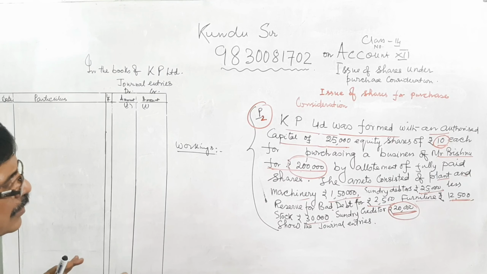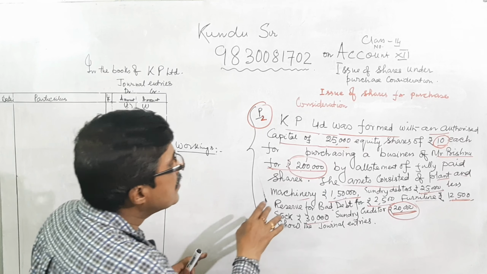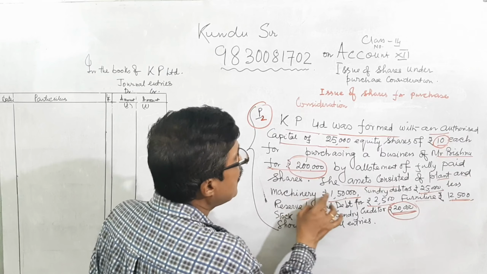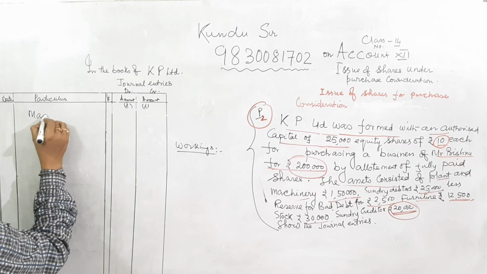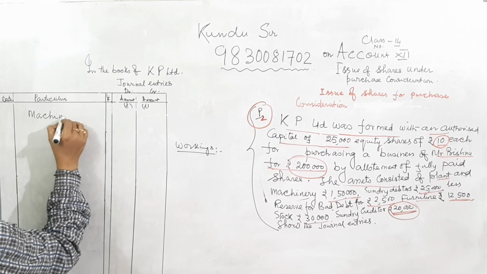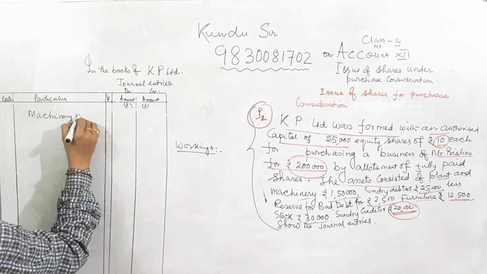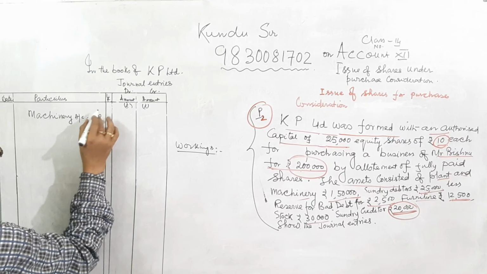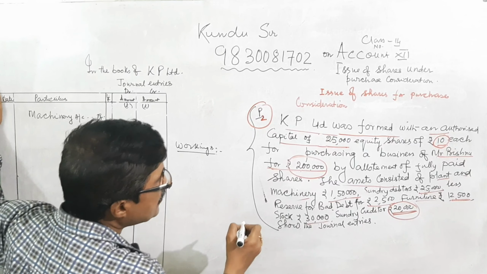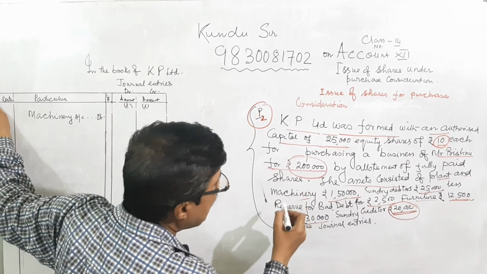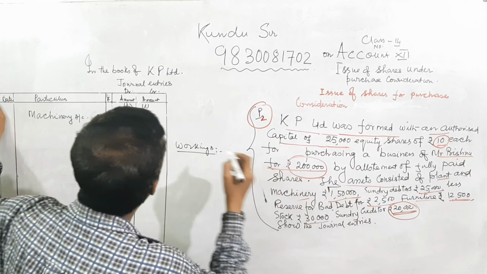Limited. What is the company getting? The machinery account is to be debited by rupees, how much? Machinery they are getting, the company is getting 1,50,000.